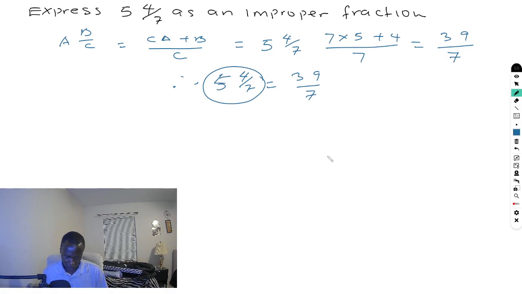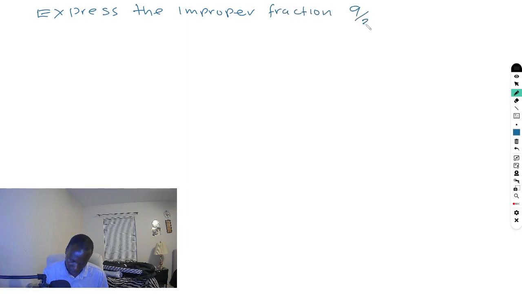Let's do the reverse, let's do the other way around. Express the improper fraction 9 over 2 as a mixed number.